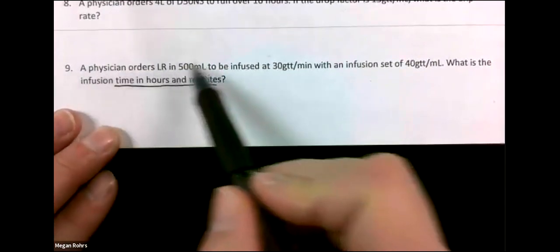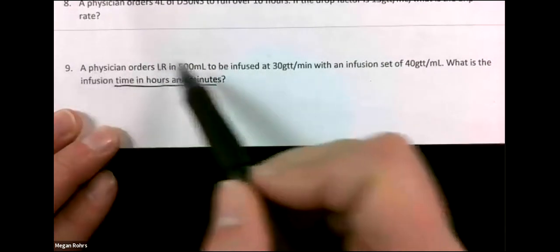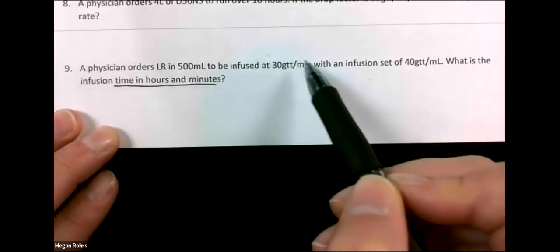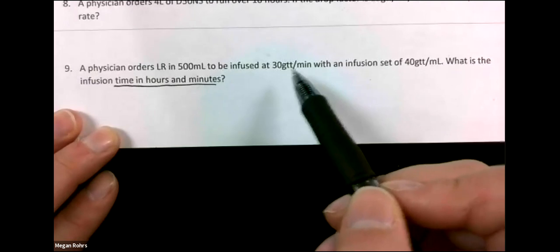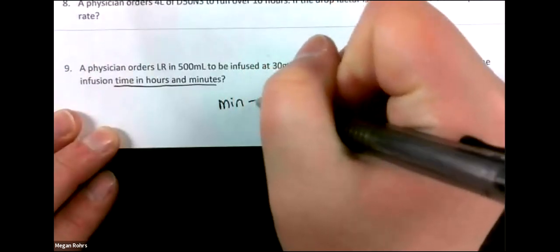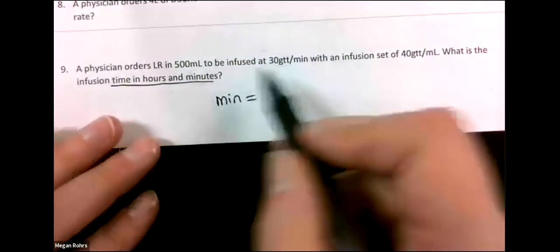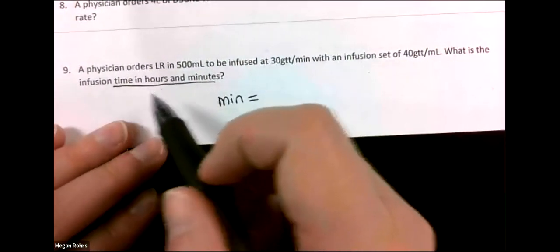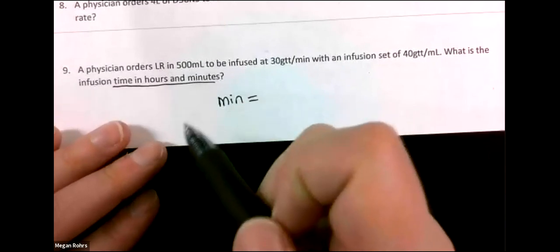So let's look at what I know about time that I'm given. I know that there's 30 drops in every 1 minute. So let's go ahead and first just solve for minutes, because that is the only thing that we know right now, and then we can go back and convert it into hours and minutes.